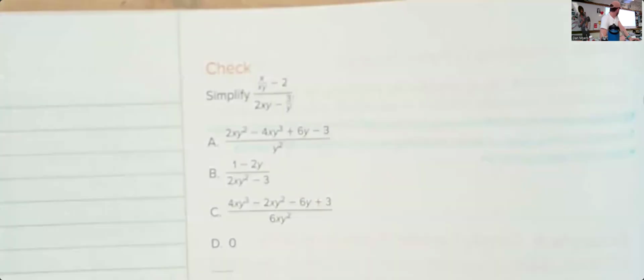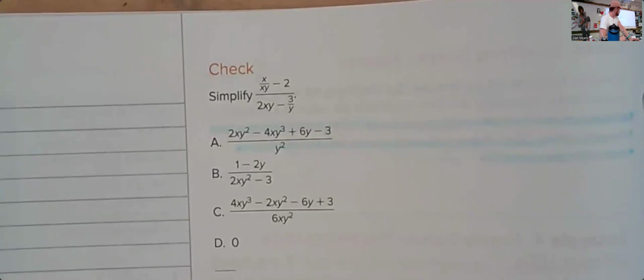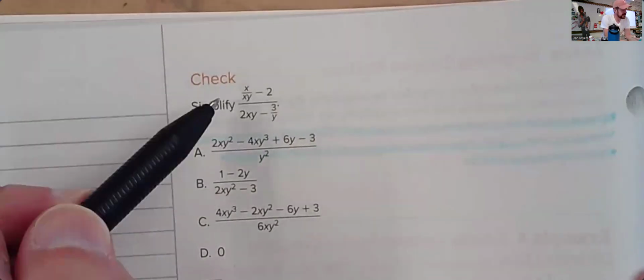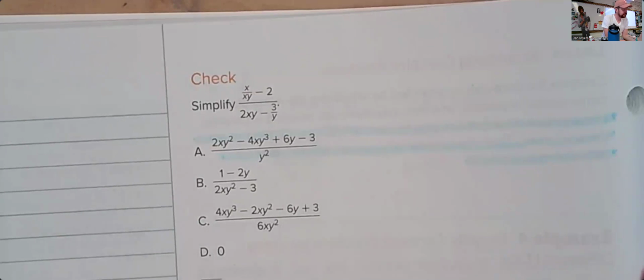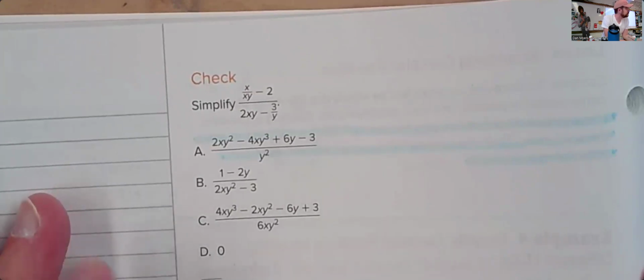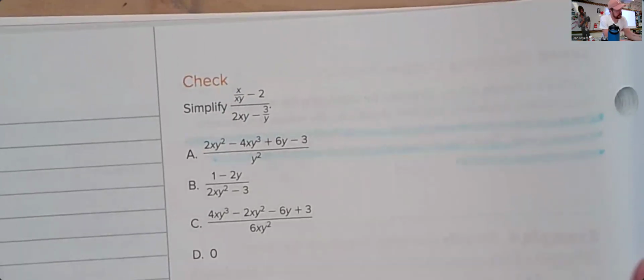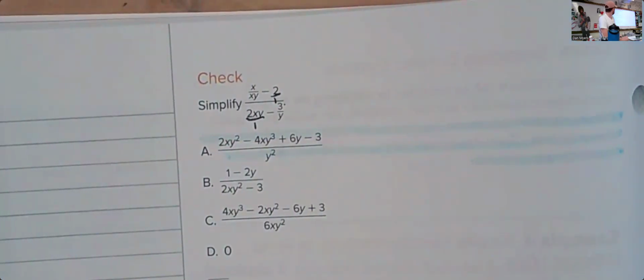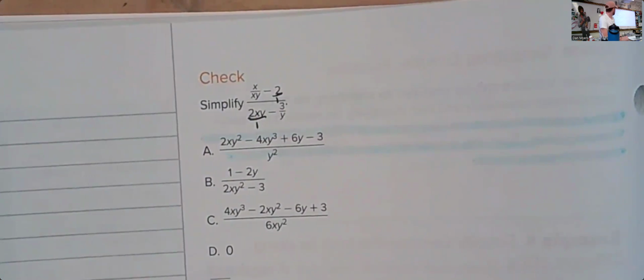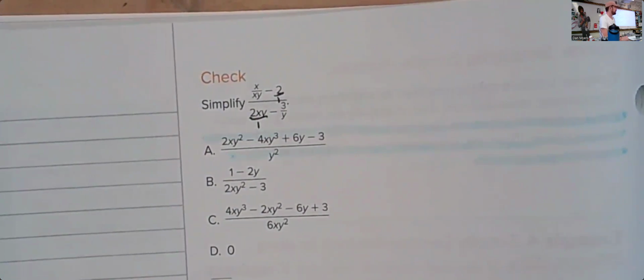So I'm going to use the least common denominator of all the denominators method here. So what's the least common denominator of all the denominators? How many different unique factors on the denominators are there?